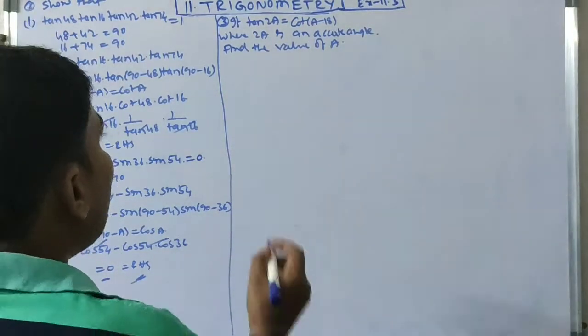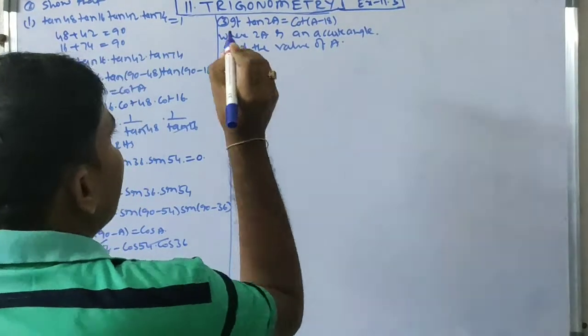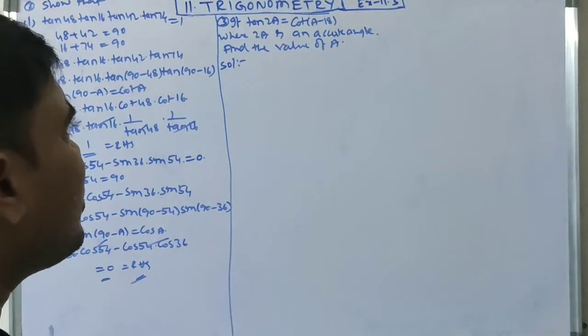Okay, now coming to the solution. Given tan 2A equals cot of (A minus 18).